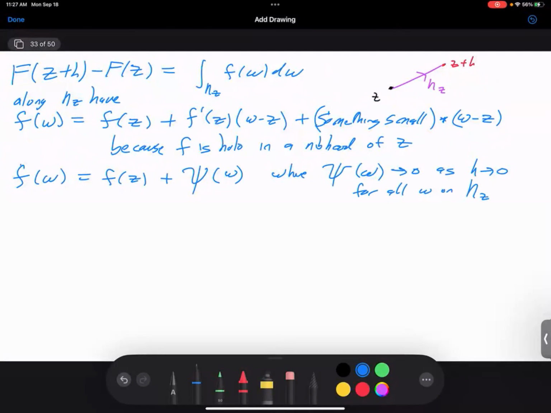So this is just continuity. Don't we have to say that c of w over w goes to 0 instead of just c of w? I think it might just be enough to say that c of w goes to 0. Thank you. So let's find out. So this is just because f is continuous.